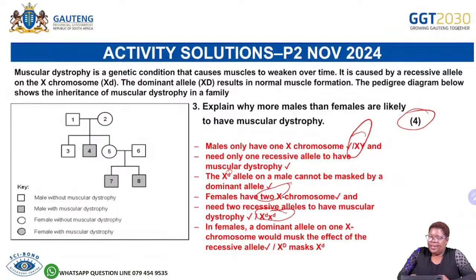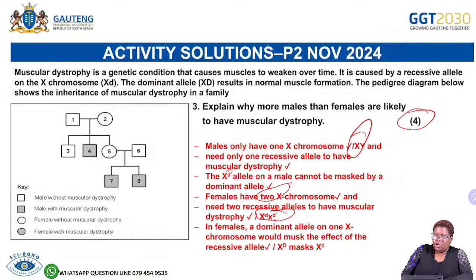So the male only needs 1 because it has got only 1 X. But what about the female? Because they have got 2 X's, they have fewer chances of having the disorder, of having the muscular dystrophy.